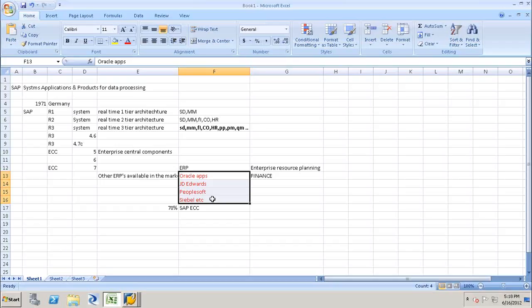So as of now, let us say we have 100 customers in the market who are using ERP packages. Out of them, 70% are using SAP ECC, only 30% are using these ERP packages altogether.